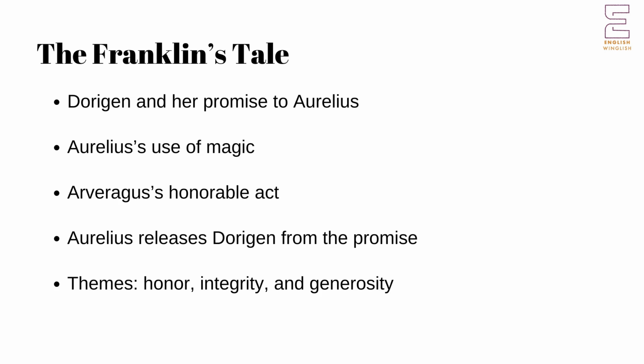Aurelius enlists a magician to complete the task, but when he reveals his success, Dorigen is distraught. However, all parties show noble character. Arviragus urges Dorigen to honor her promise, but Aurelius releases her from it, and the magician forgives Aurelius's debt. The tale emphasizes themes of honor, integrity, and generosity.